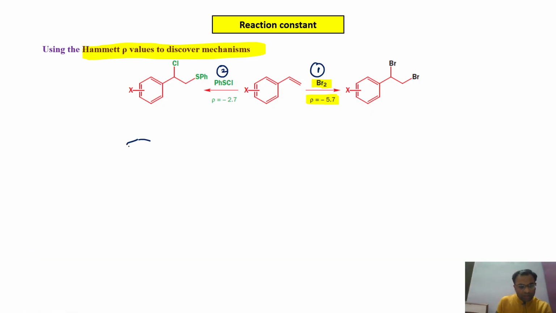So from the reaction constant, we can have a mechanism like this. There are two possibilities for this dibromo derivative formation.